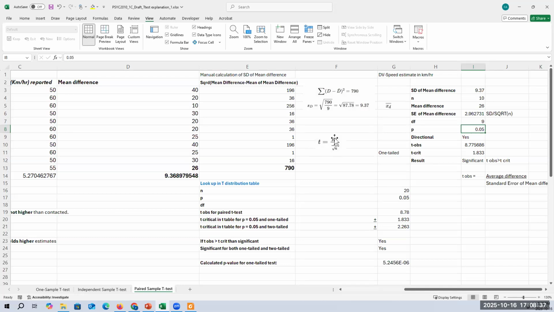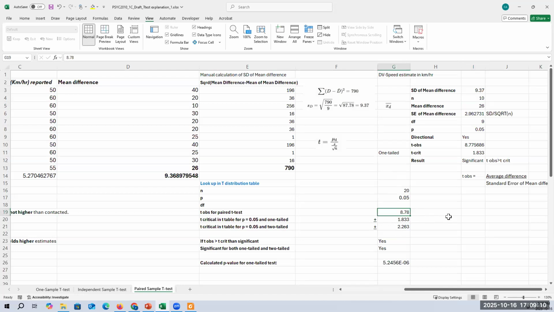T is equal to the mean difference divided by s over the square root of n, right? So 26 over the standard deviation, 9.37, divided by the root of n, and what we get is this t observed of 8.78.